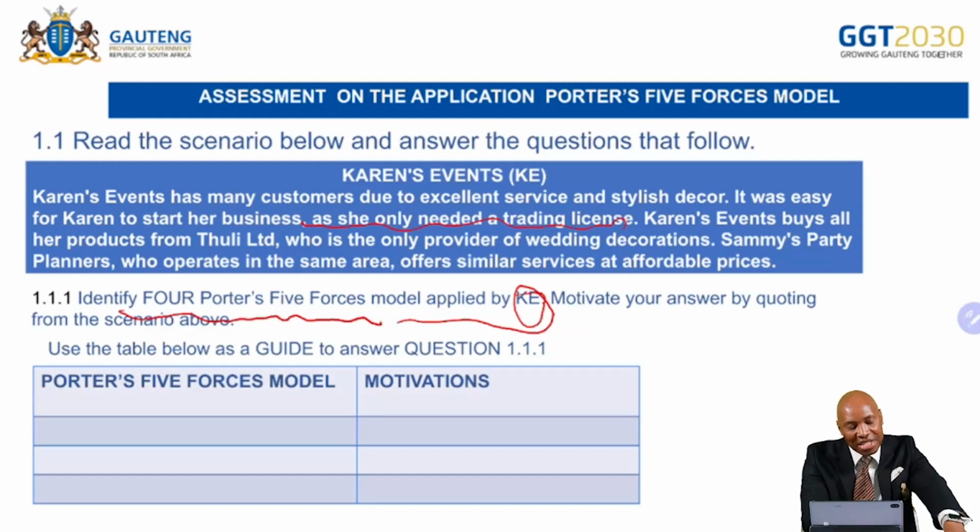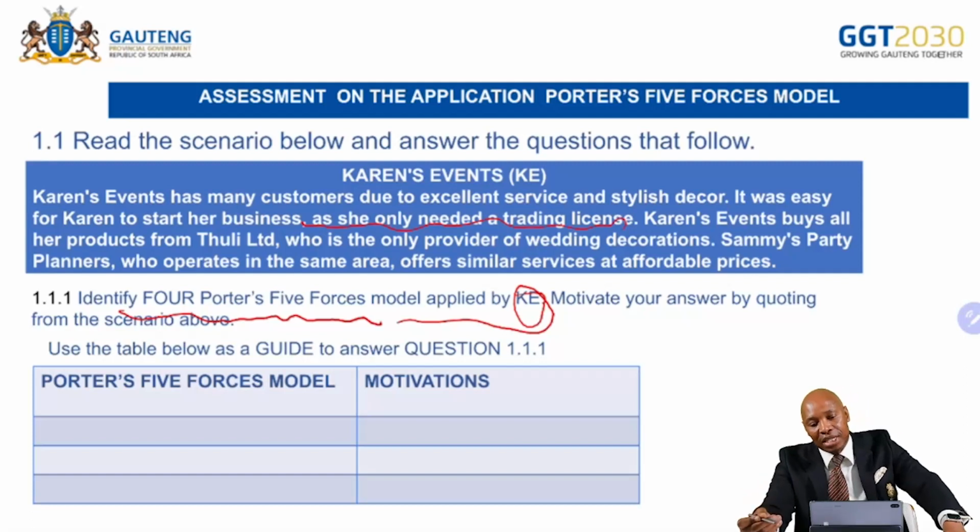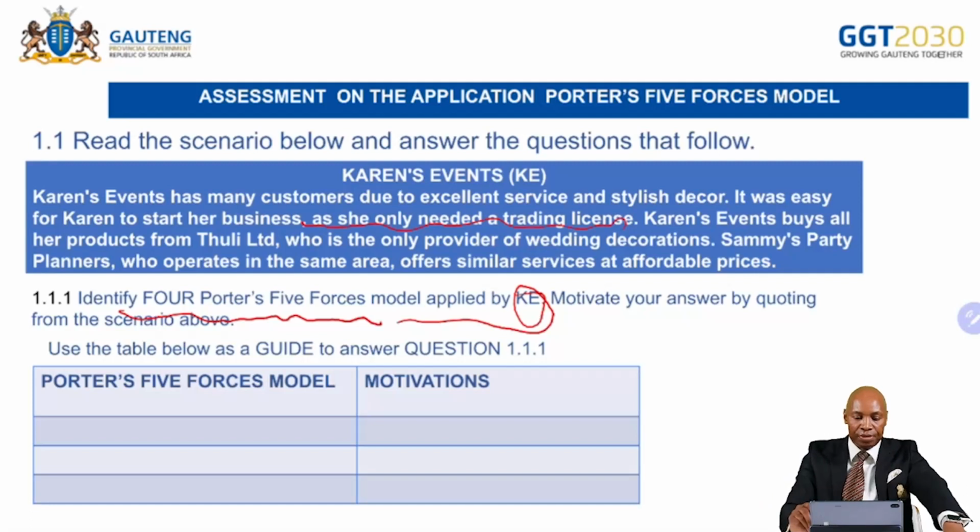Now, from this statement, you do what now? You identify your Porter's 5 forces. Now, it's important that you know all the explanations, the ways in which business do apply those forces. That is 1. 2.